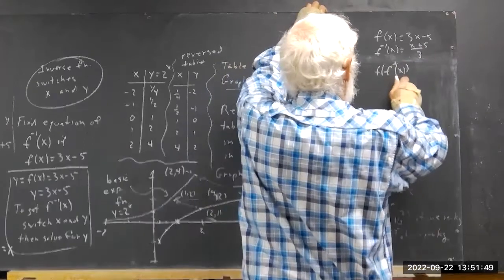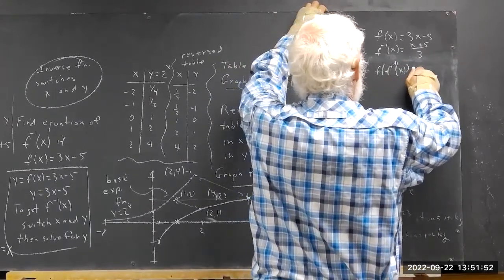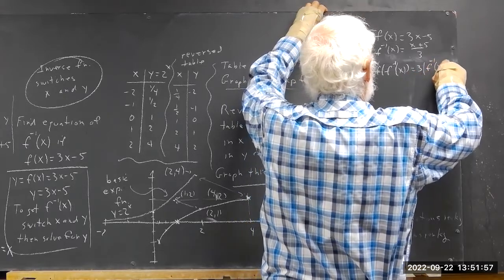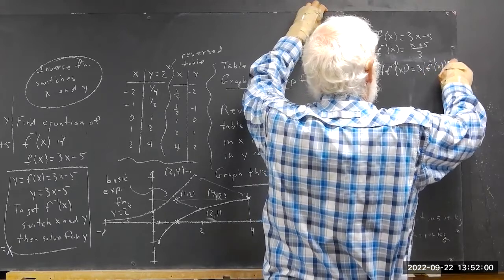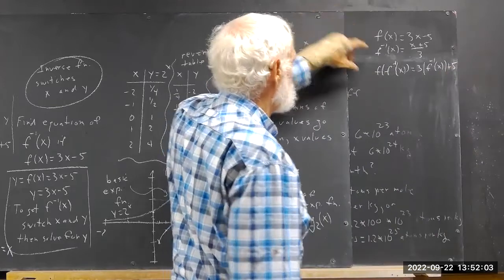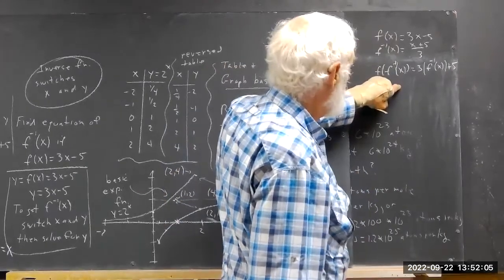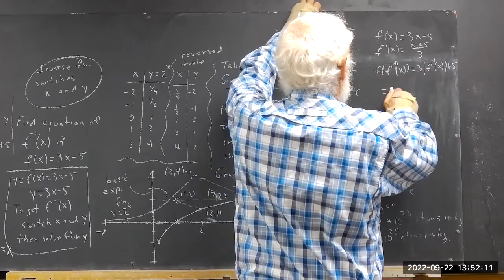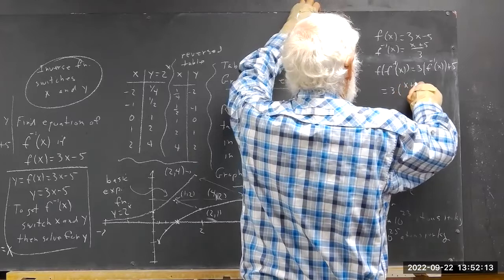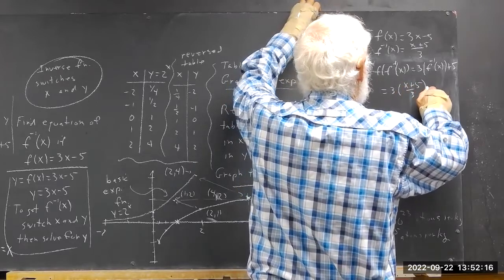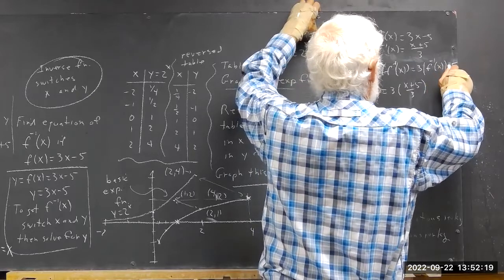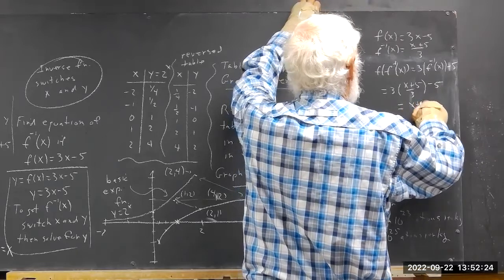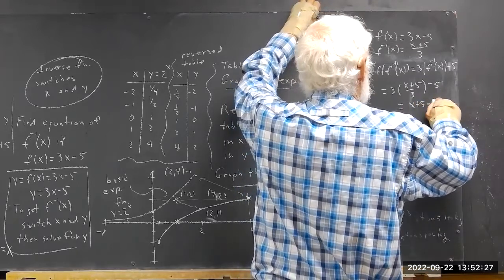So f of f inverse of x equals 3 times f inverse of x minus 5, because I've replaced x by f inverse of x. That equals 3 times x plus 5 over 3 minus 5, not plus 5. That equals x plus 5 minus 5, and that equals x.